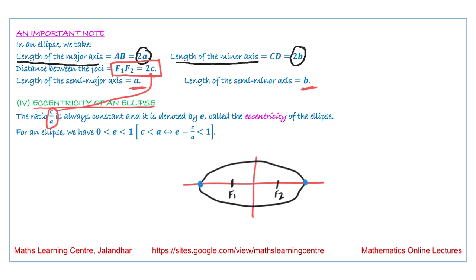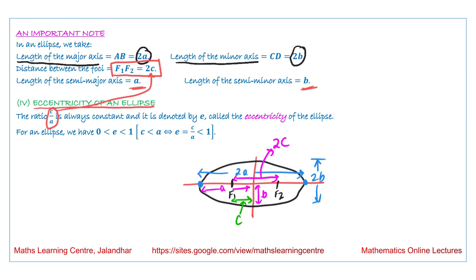This length is 2a. This length is 2b. Half of this length is a. Half of this length is b. And this whole distance is 2c, and half of this distance is c.